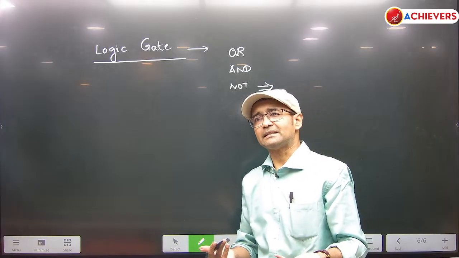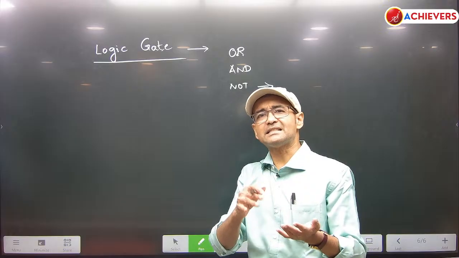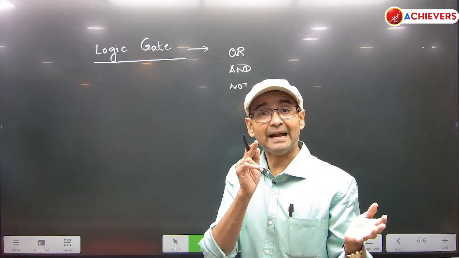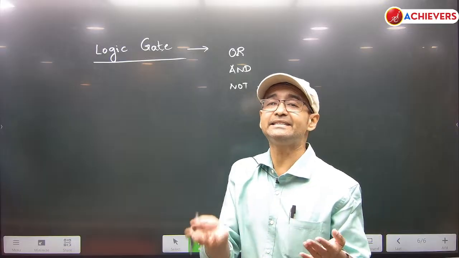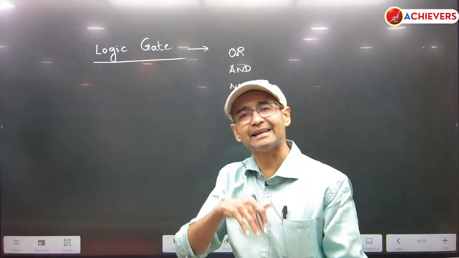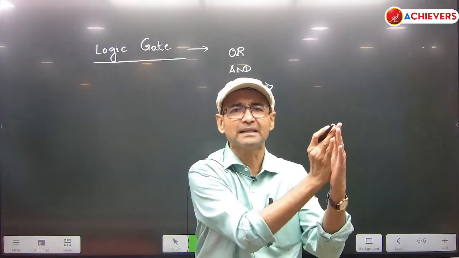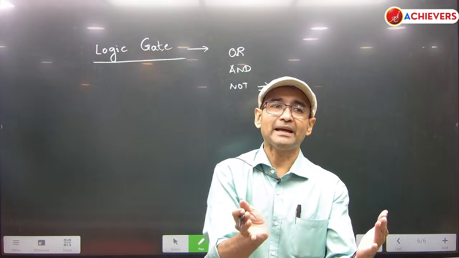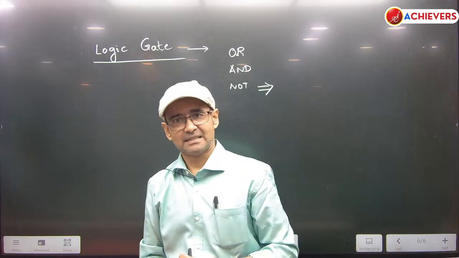Or rather, the opposite of "it is not raining" is "it is a sunny day." But that cannot be defined directly by the NOT gate. The NOT gate can be applied over a particular sentence or logic. We cannot write the opposite sentence.